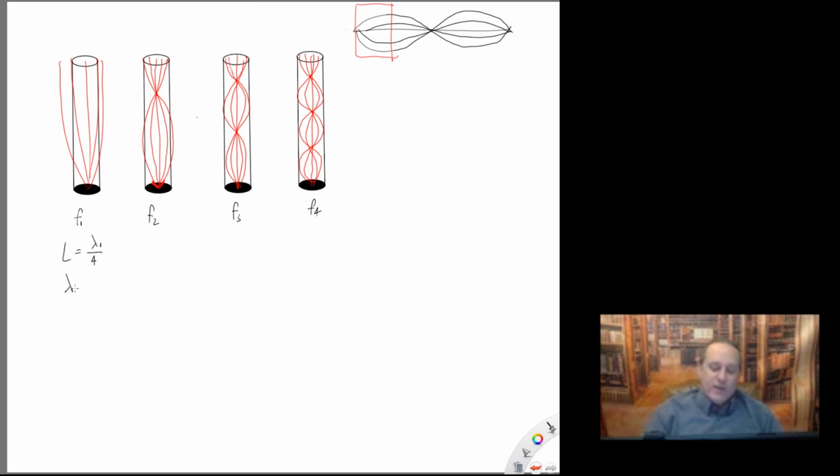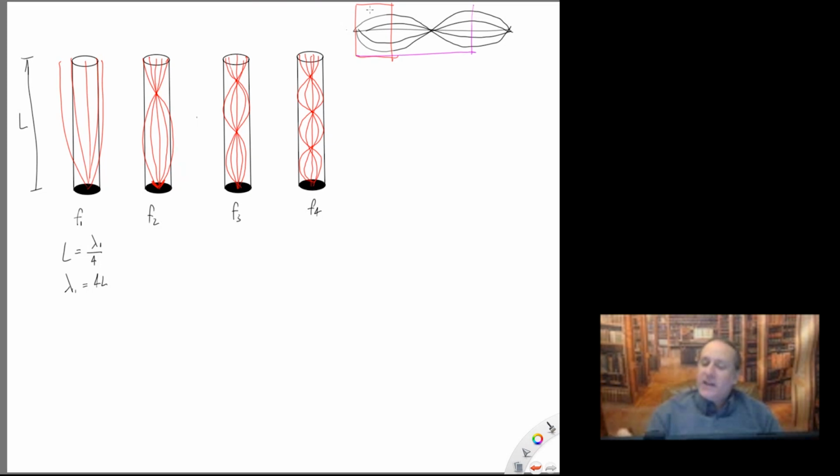And then the wavelength would be 4 times the length of the pipe, the length of it from end to end. So for the next harmonic, what are we getting? Well, we have a node, an antinode, a node, and another antinode.